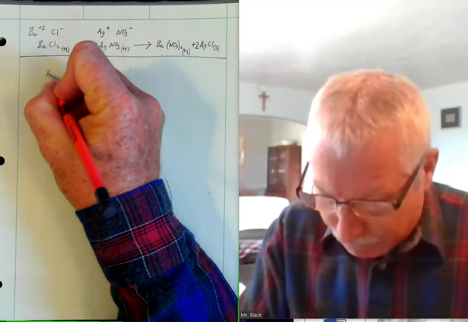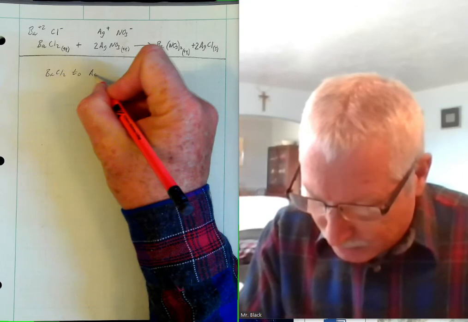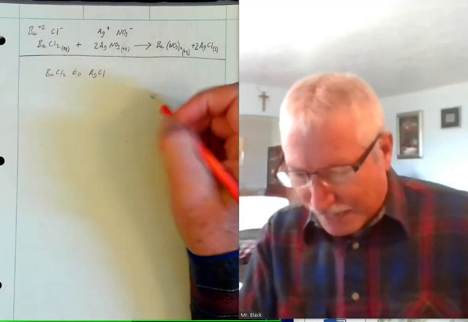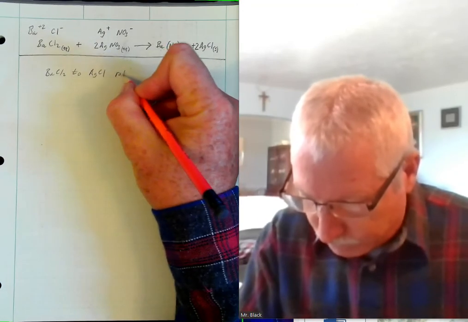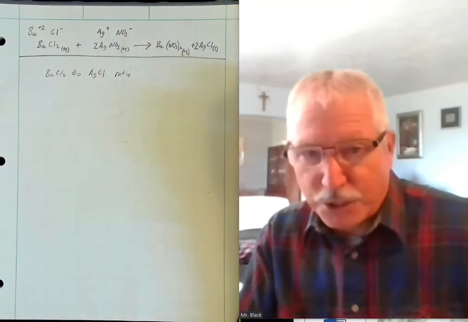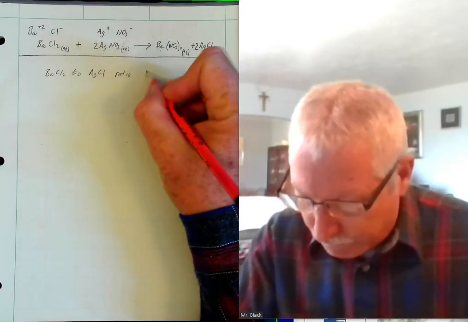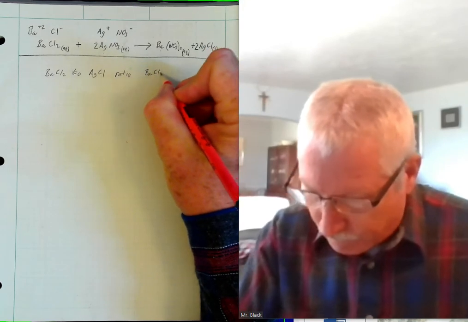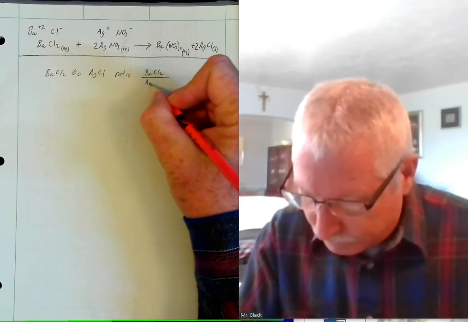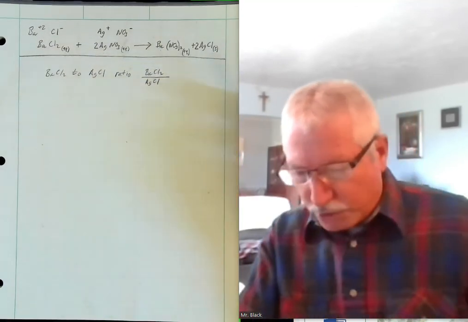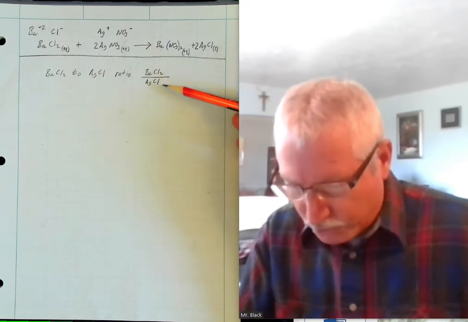When I see BaCl2 to AgCl, if I want to think of that in terms of mathematics or a ratio, I would represent that like a fraction. So whatever is listed first, let's put that in our numerator, and then whatever's listed second in our denominator.